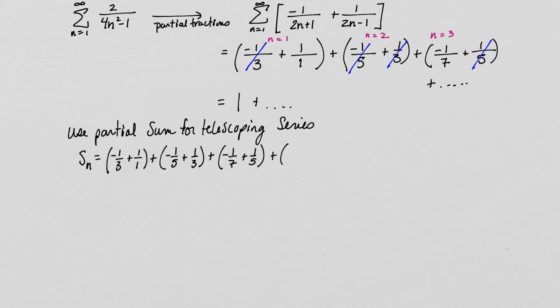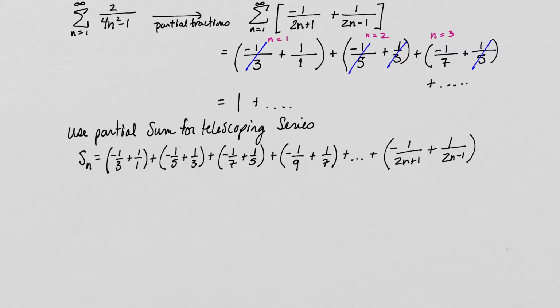If I did one more, n equals 4, we'd have negative 1/9 plus 1/7, plus, eventually we'd get up to negative 1/(2n plus 1) plus 1/(2n minus 1). So this is that nth partial sum.